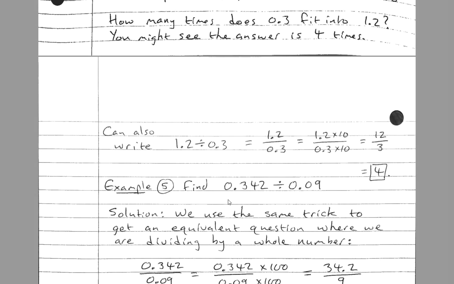Okay, so for this more complicated one, 0.342 divided by 0.09, now we have to work a bit harder to make this into a whole number. You can see we need to move the decimal point 2 places this time.